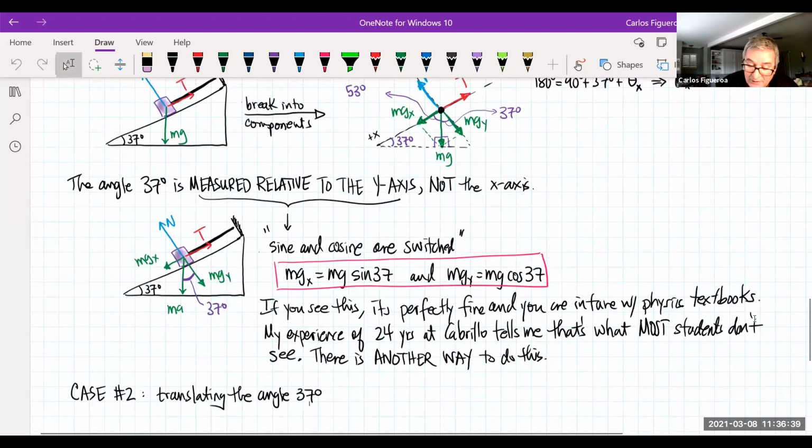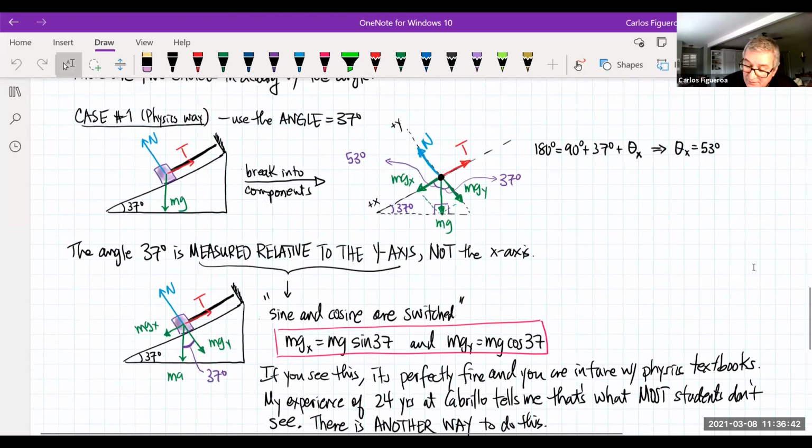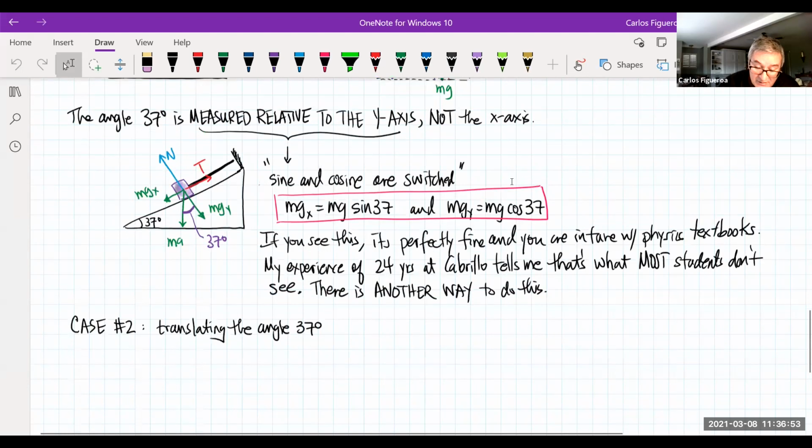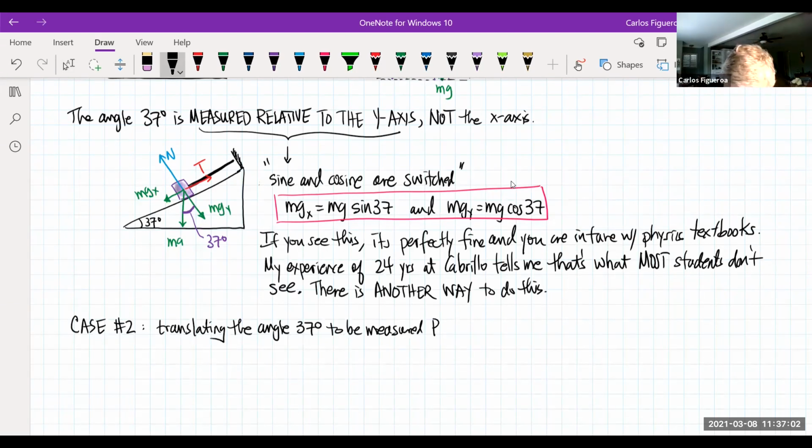So what you're finding here is that it really comes down to this picture. If you look at this picture right here, that's really what we want to do. We translate the angle 37 degrees to be measured relative to the x-axis.